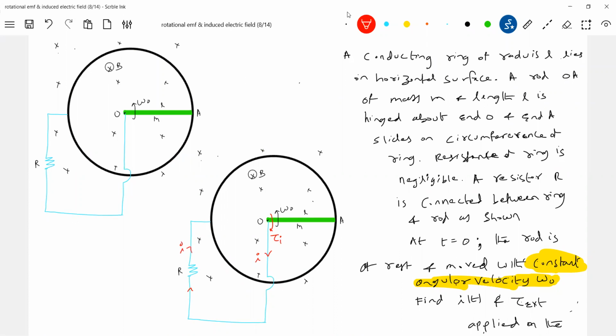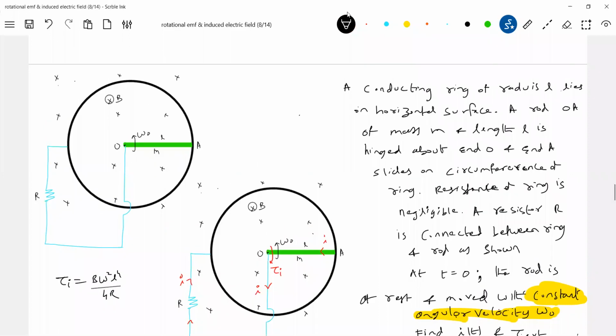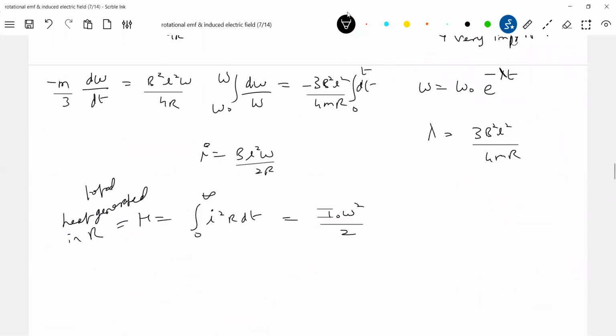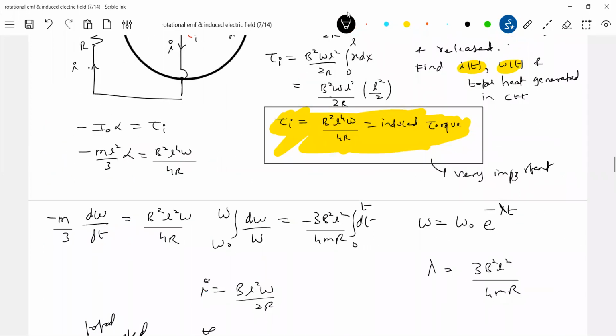Don't bother about the current here, there's a short circuit. Then what is this induced torque? Magnitude of this? B squared L to the power of 4 omega by 4R.